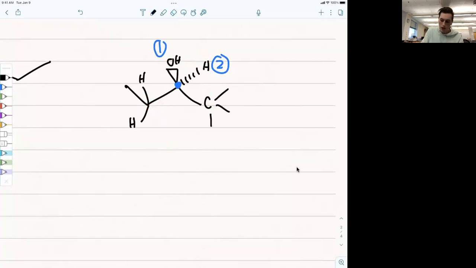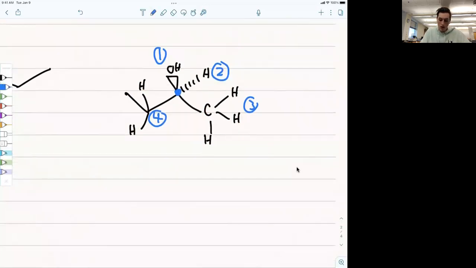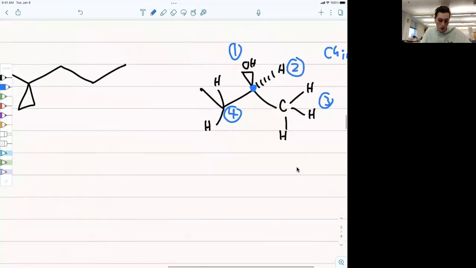So even though they're the same molecule, we always want to take it a step further to check to make sure if they have the same things attached to them. So in this case, my carbon is attached to 3 hydrogens. But over here, I'm attached to a hydrogen and a CH3. So that's different than being attached to 3 hydrogens. So in that case, I have my 3rd group over here and my 4th group over here, meaning that this is going to be a chiral center. So this molecule is chiral.